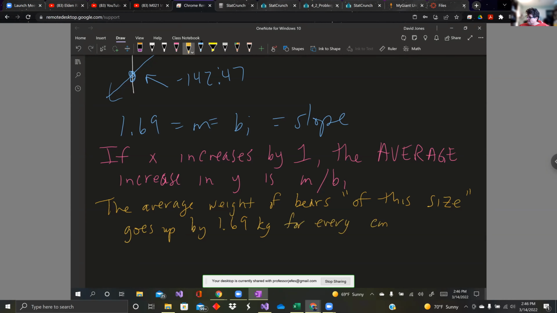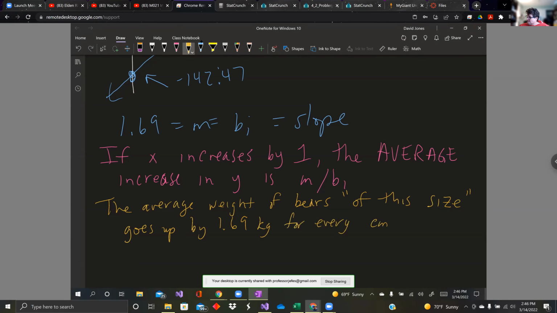And now we want to talk about that y-intercept. The y-intercept, or the B0, was negative 142.47, was it? 47.